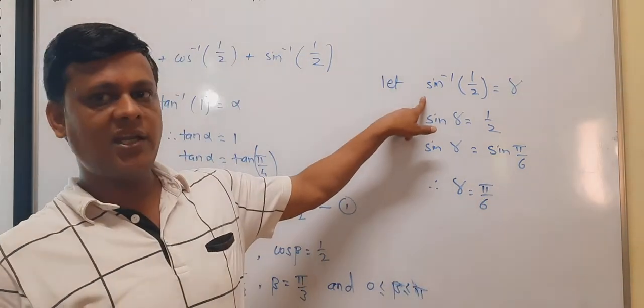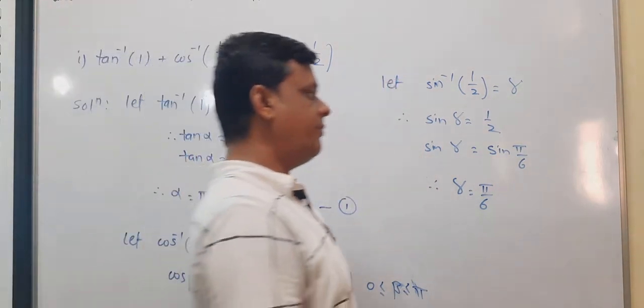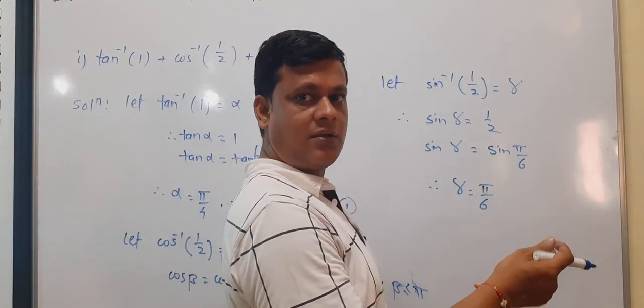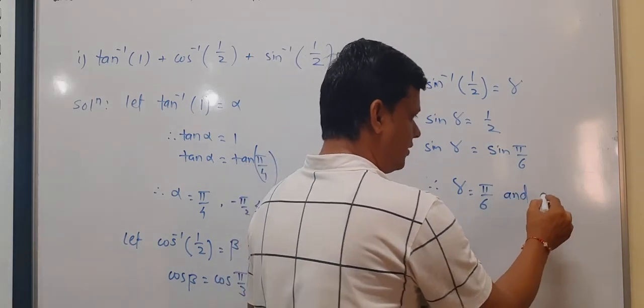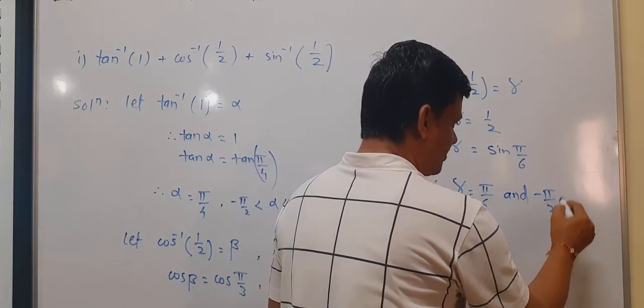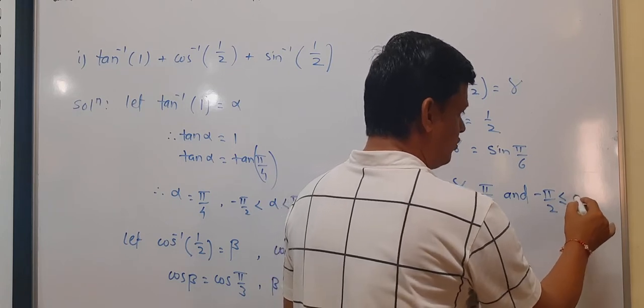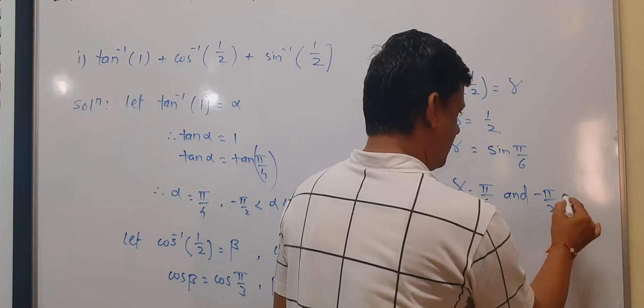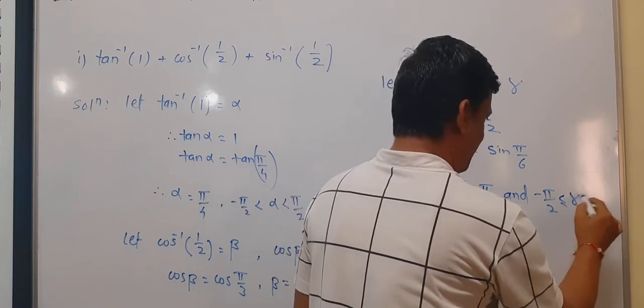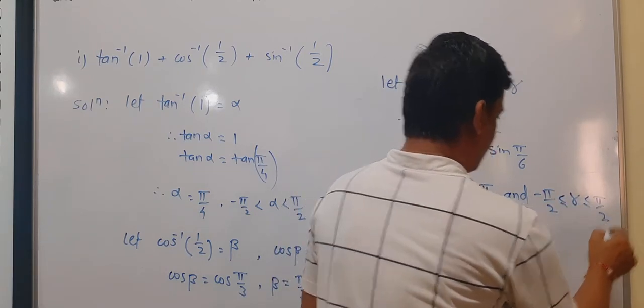Now for sin inverse, the principal value branch is the closed interval minus pi by 2 to pi by 2. So we write minus pi by 2 is less than or equal to gamma, which is less than or equal to plus pi by 2.